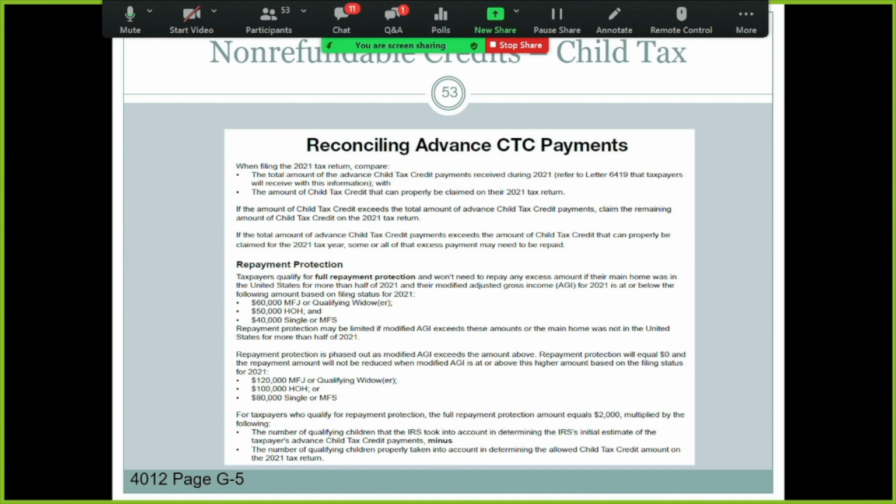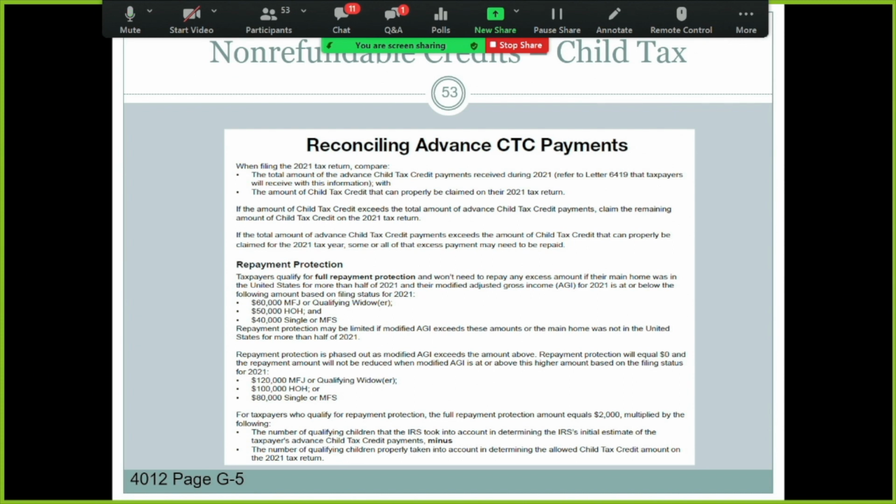And they will get a letter, 6419, that contains the information that you will need to input into TaxSlayer. The amount of the child tax credit that can properly be claimed on their 2021 tax return. So you have to do a comparison.